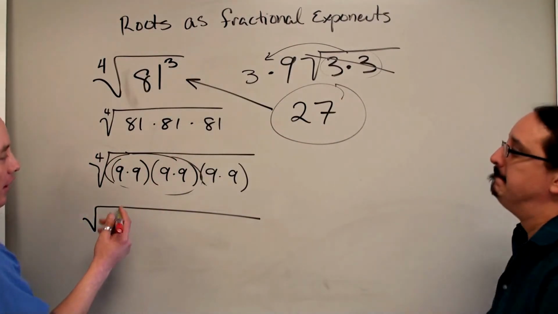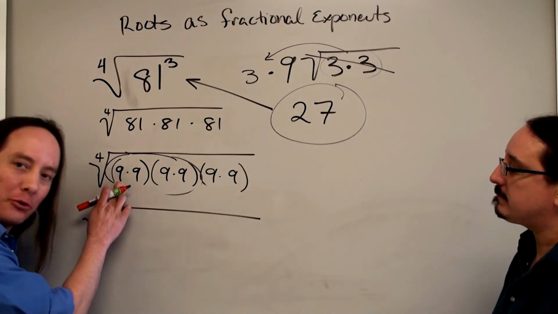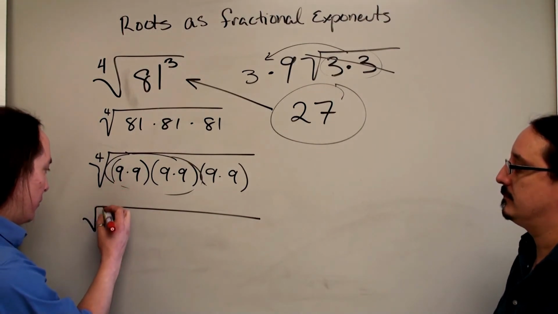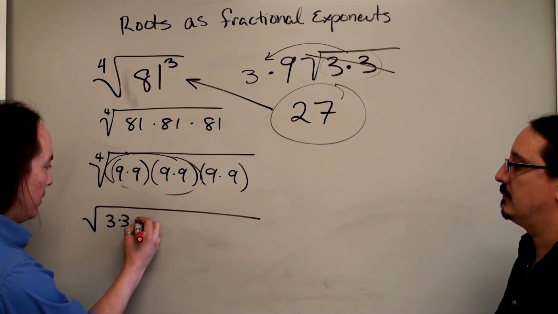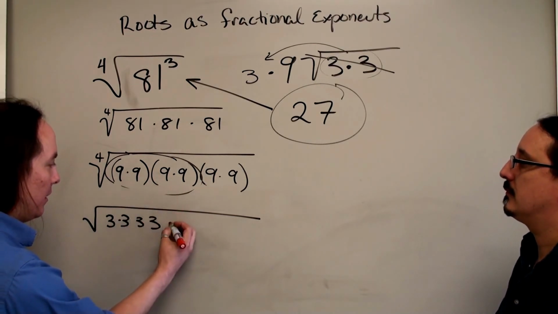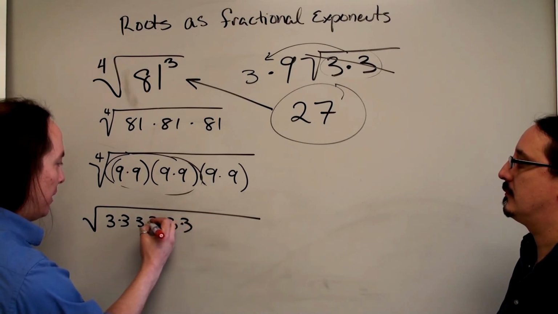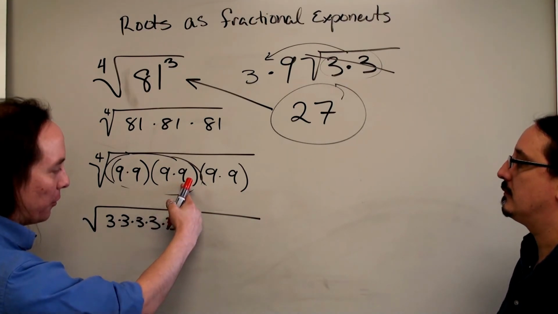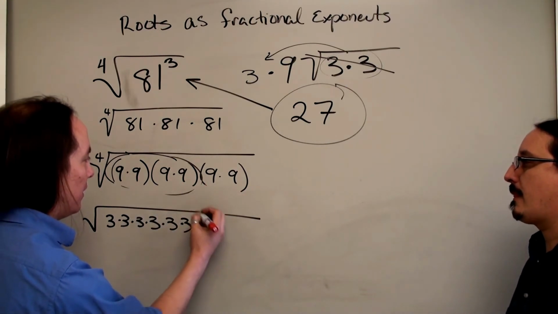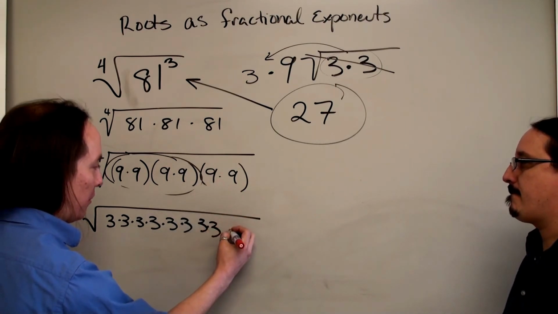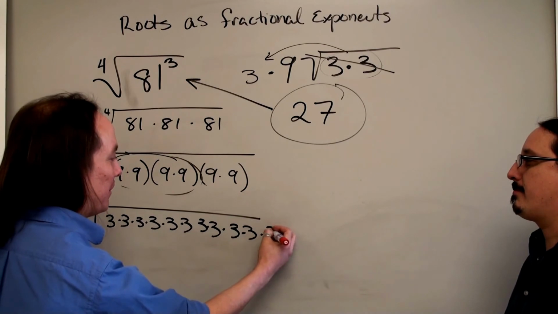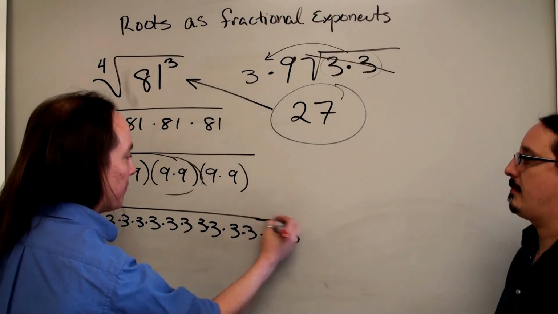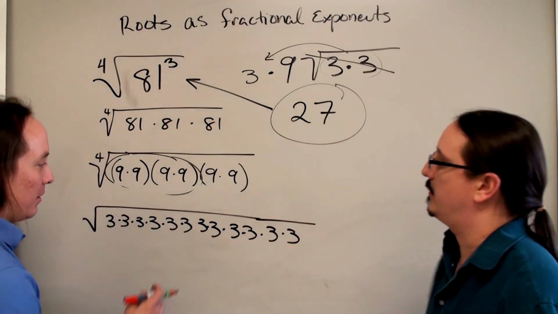Each 9 is 3 times 3, so for the first one, 3 times 3, 3 times 3, 3 times 3, then on the fourth one 3 times 3, the fifth one 3 times 3, and the last one 3 times 3.